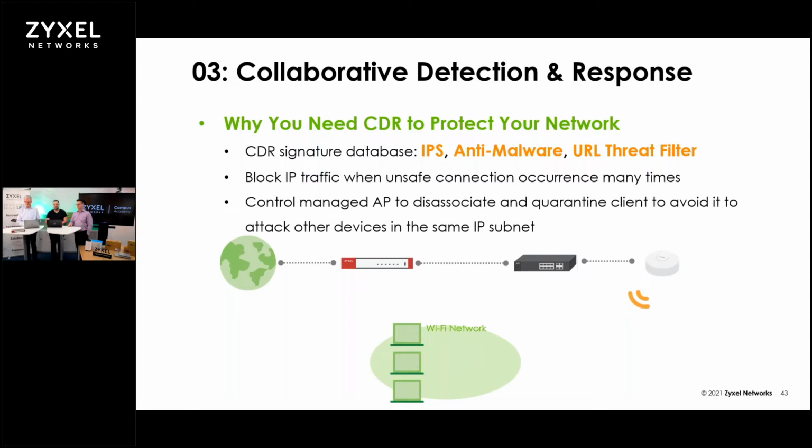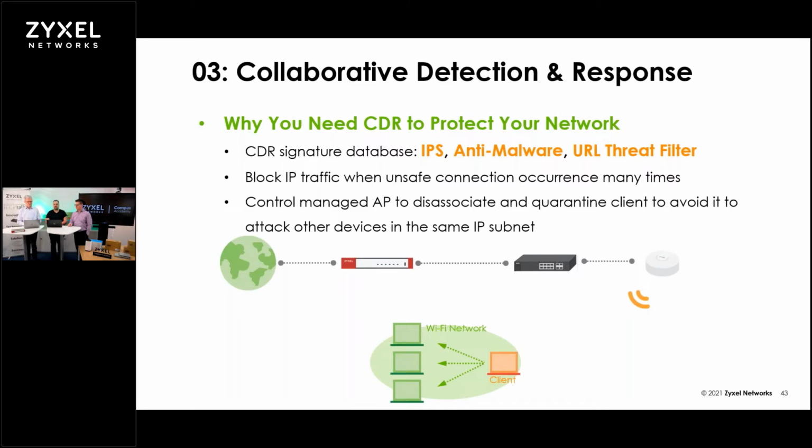The same happens for Wi-Fi, but Wi-Fi is one more step enhanced. The client will disassociate from the access point, and after reassociation, the client will be put in a separate quarantined VLAN and cannot reach the other Wi-Fi clients.